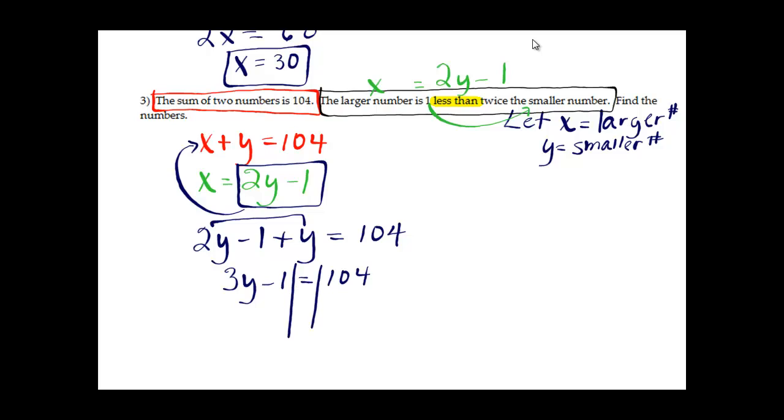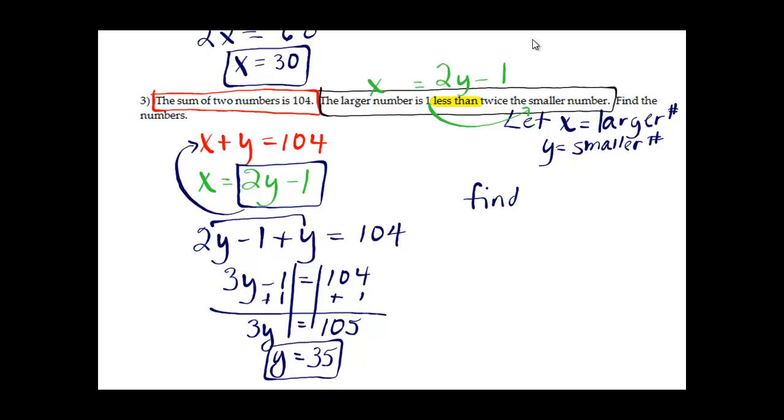It's a two-step problem, plus 1, and y equals 35. At this point, I want to find x, and I will use the easier of the two equations.